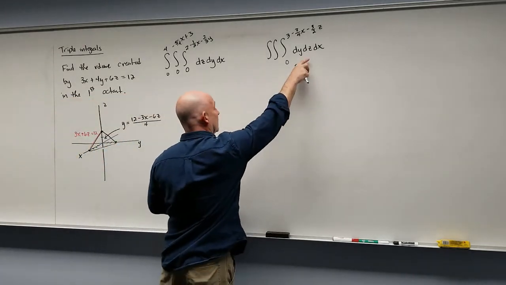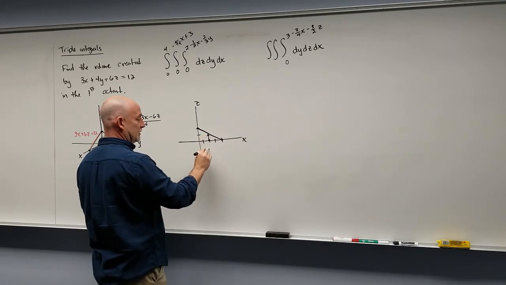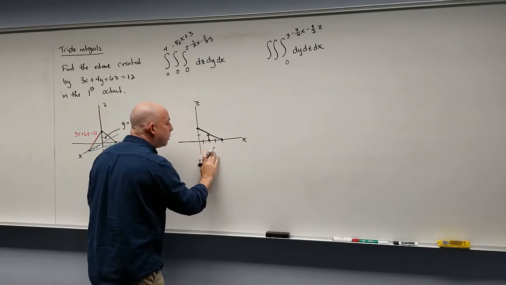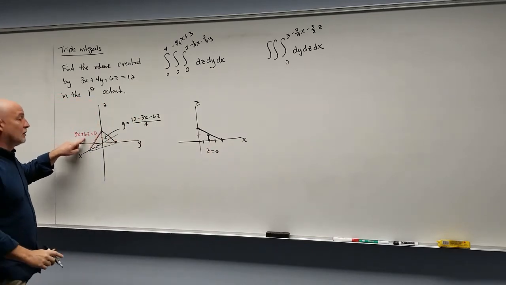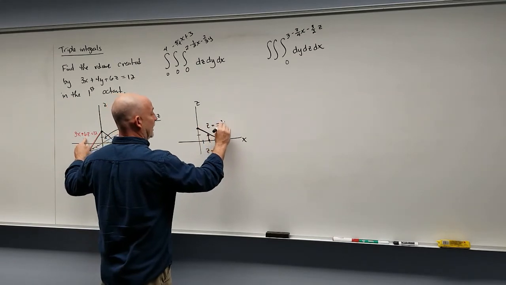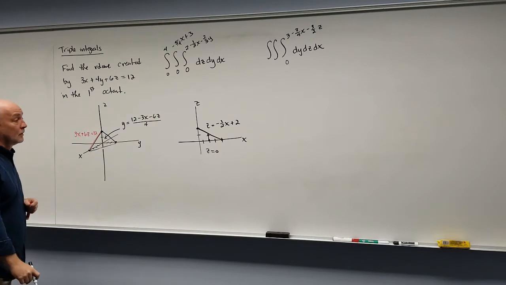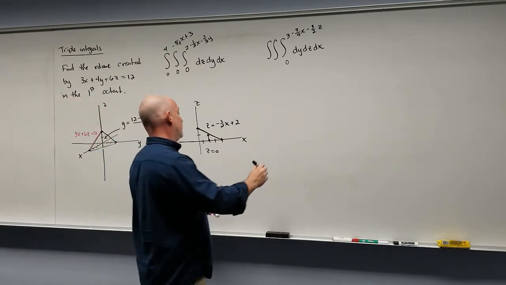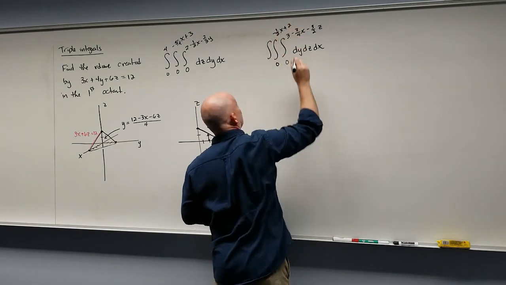In this, I told you to go z, so that would be vertically. So z always runs from here up to there in that entire region. So that is from z equals 0 to that line. So if we solve for z here, z is equal to negative 1/2 x plus 2. Okay, so z is going to run from 0 to negative 1/2 x plus 2.